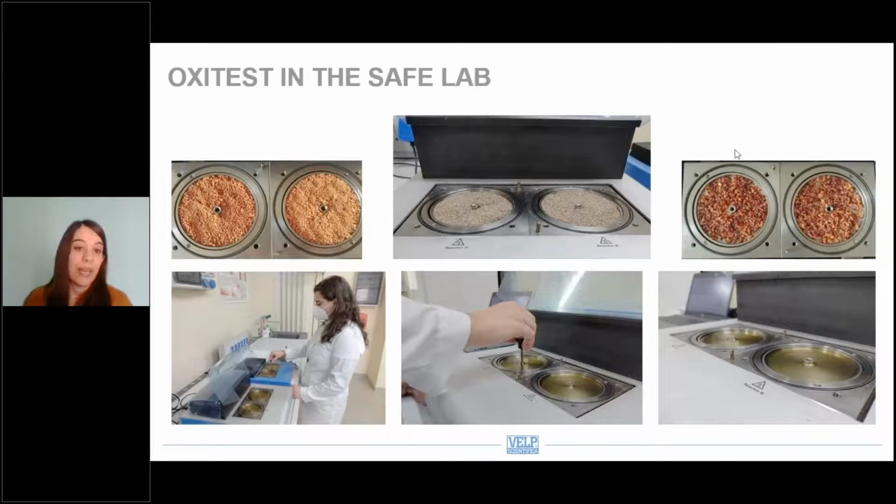And thanks to that, you can also use it, beside doing shelf life tests, also to explore correlation between components of the food and its stability. So this was our experience of the Oxitest in the Food Science and Technology Lab at University of Basilicata.